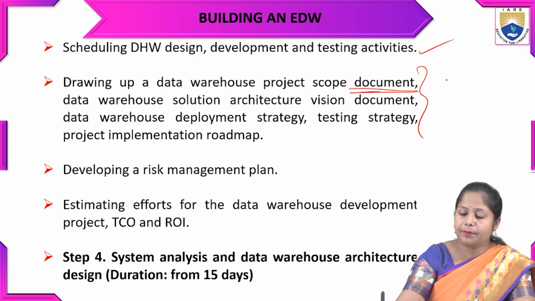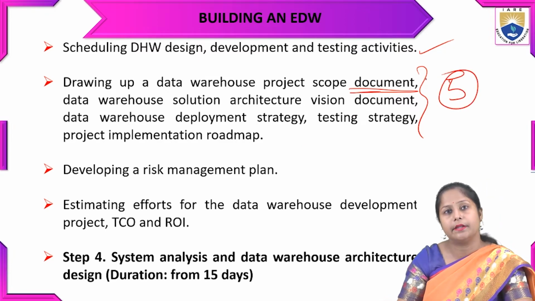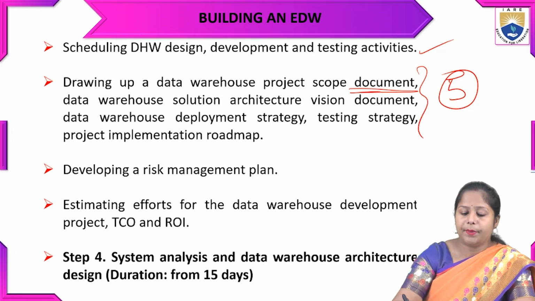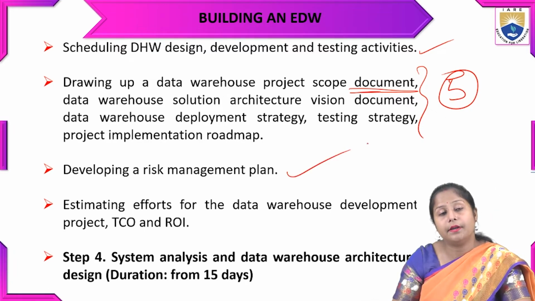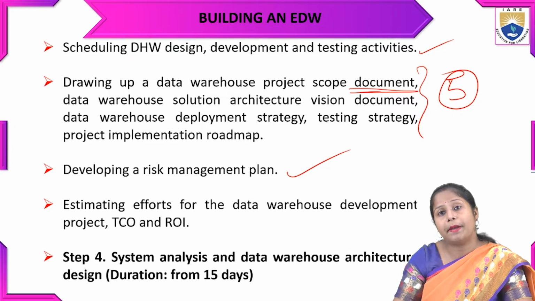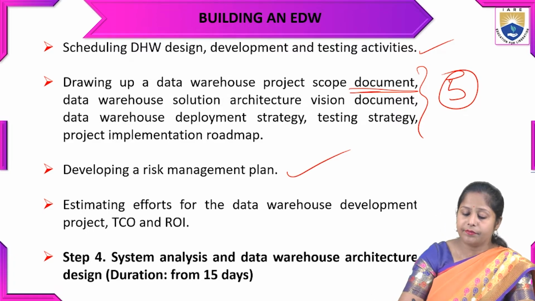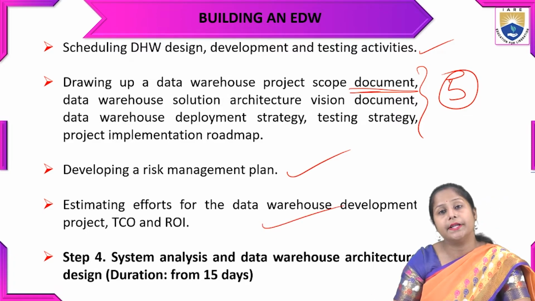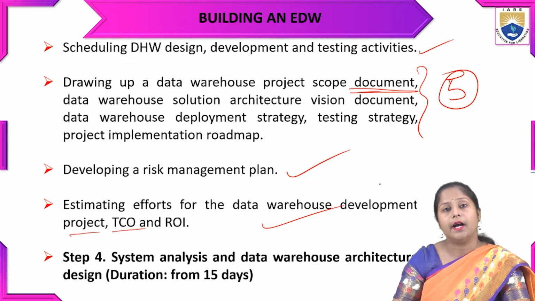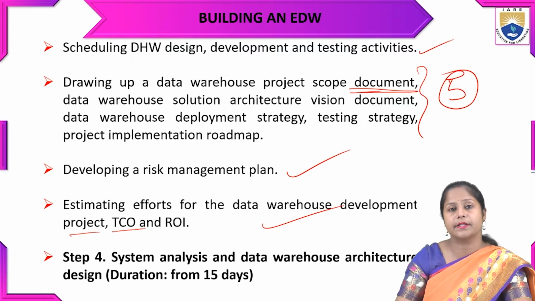So these are the 5 types of documents we have to complete in this stage. Next, we have to develop a risk management plan. What is the plan if a risk comes up in this phase? Next, we have to estimate the efforts for the data warehouse development project with TCO and ROI. With the help of TCO and ROI, we have to estimate the efforts.